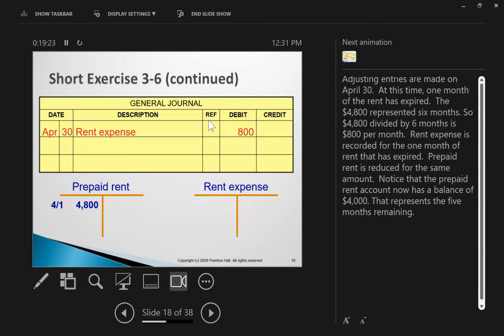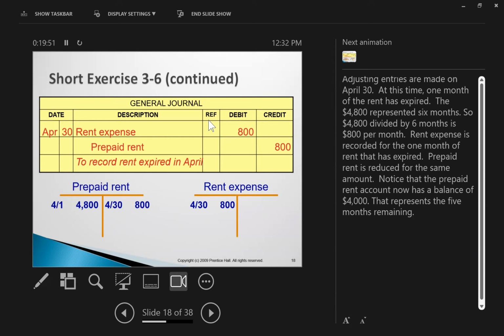Now my other entry is going to be to reduce prepaid rent. Prepaid rent is an asset. To decrease an asset is a credit. So I'm going to have a credit to prepaid rent for $800. Now on 4/30, here's what it would look like when I post those amounts to their respective accounts.